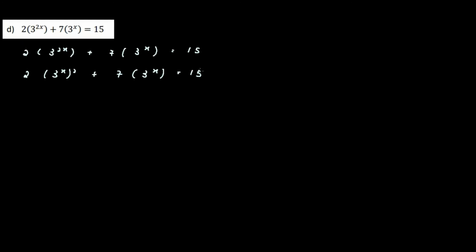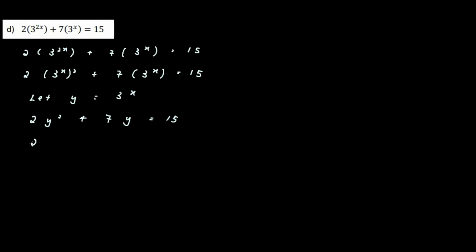When you see something like this, it is similar to question 1c that we did just now. So what we need to do is let y equal 3^x. Then you can substitute: 2y squared plus 7y equals 15.